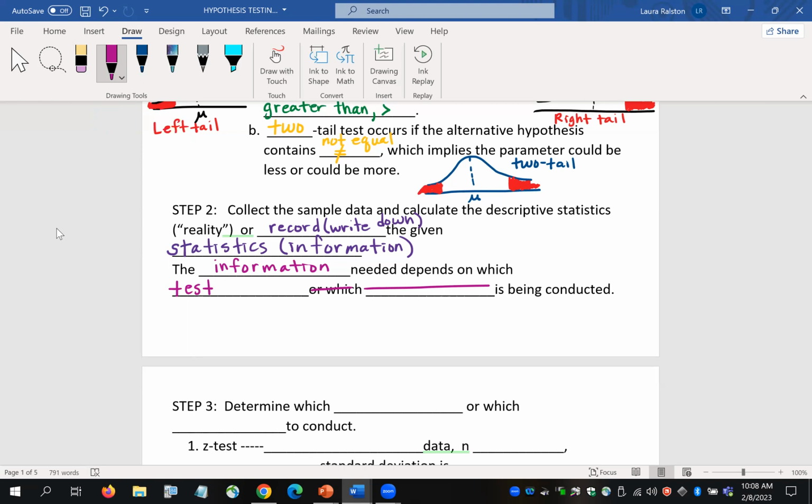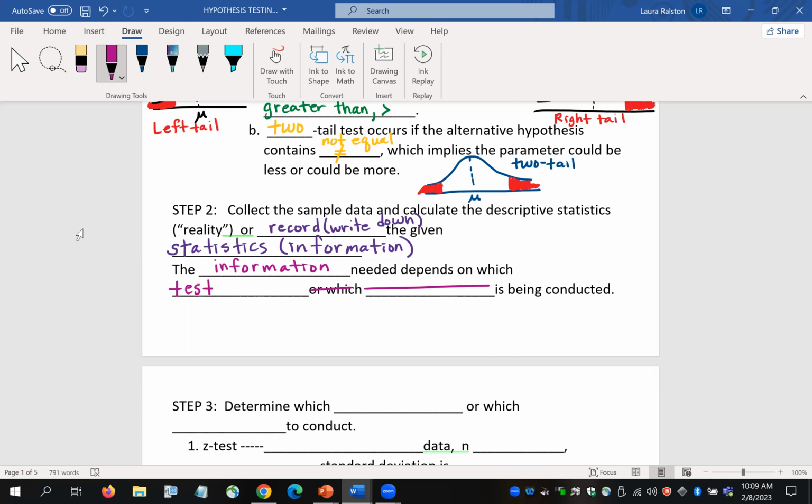We're doing a one mean Z, a one mean T, chi-square goodness of fit, analysis of variance, and we're also doing correlation.